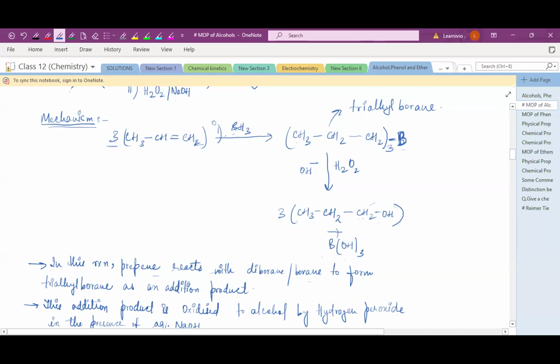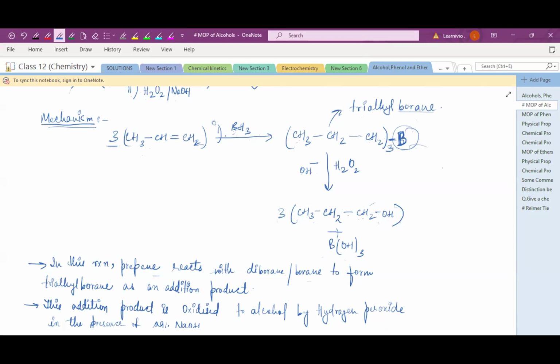The OH will get attached to this trialkyl borane. Borane will get removed and it will make B(OH)3, and you will get 3 moles of your propanol. So, first step: 3 moles of propene, when you treat it with diborane or borane, it will give you a trialkyl borane, the addition product of the borane, boron.